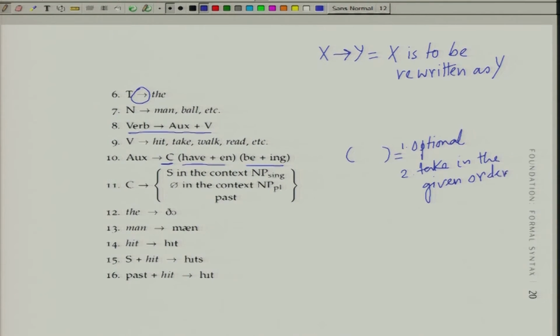What does it mean? If I want to choose the second element, I cannot skip the first element. I have to choose them in order. So if I want to choose, for example, C, then have plus N plus B plus ing, I cannot skip this. I can skip the third one.